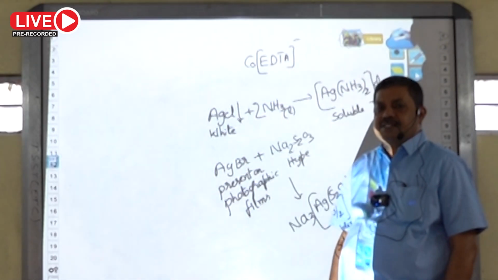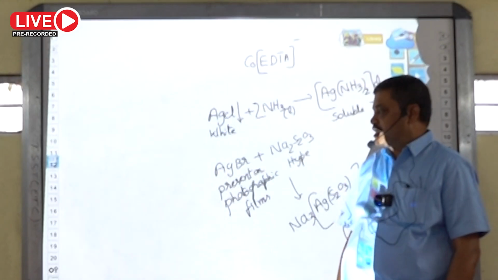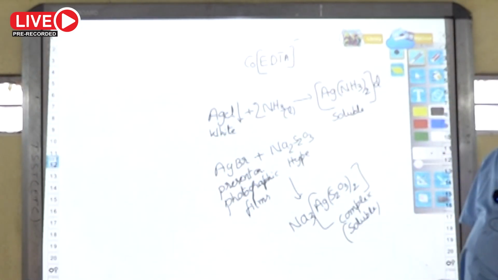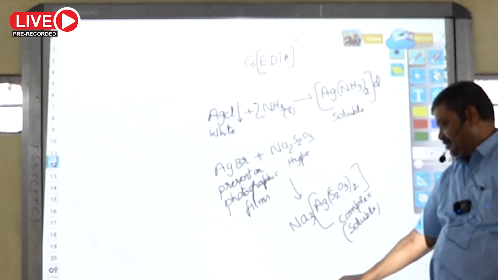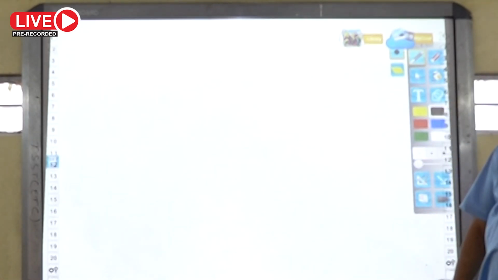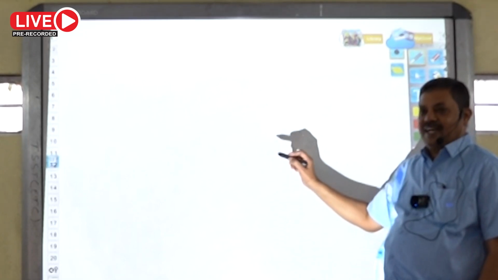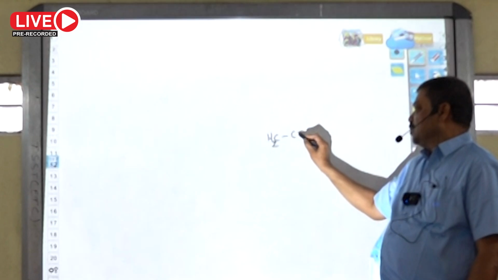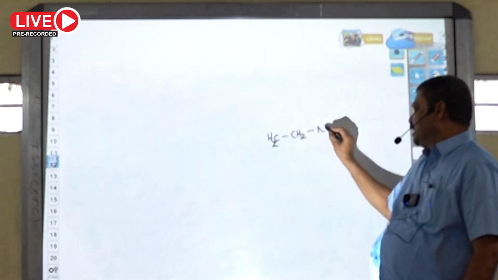You know, EDTA carries how many negative charges? Yes, EDTA carries 4 units of negative charge because 4 acetate ions are there.